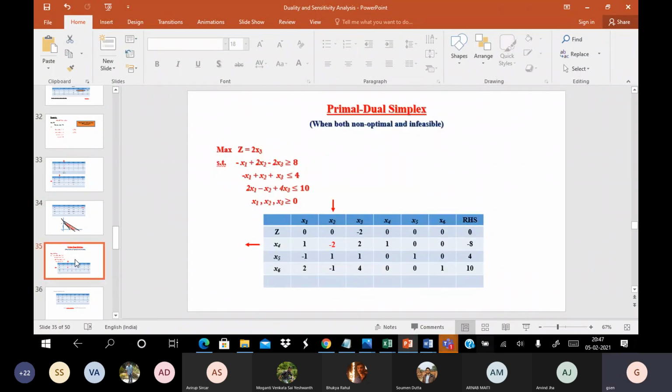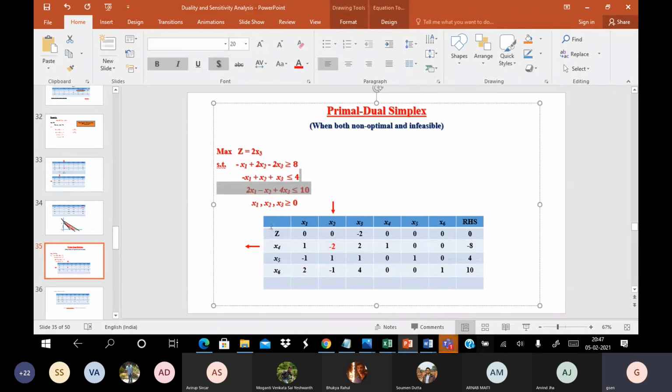So now you know what is dual simplex method, right? So this is the example of primal dual algorithm, right? If you are given this problem, you see that the greater than equal to sign is there, so you multiply it with -1, so you get this table, right? -8 4 10, so it is infeasible.